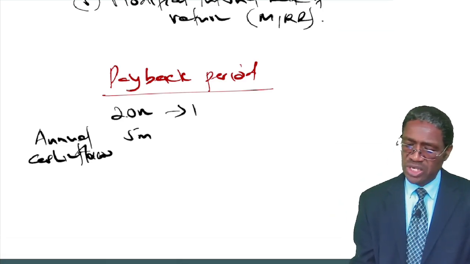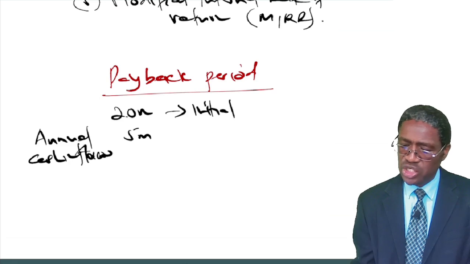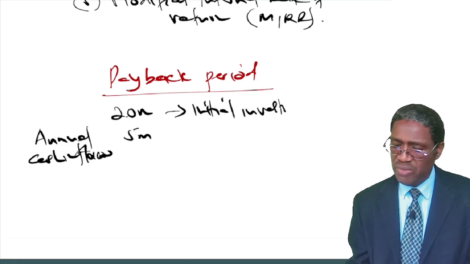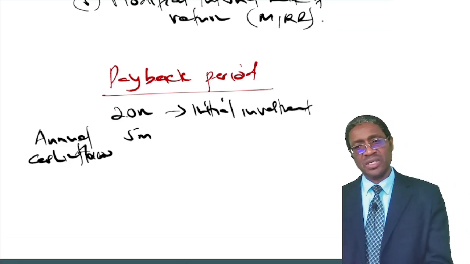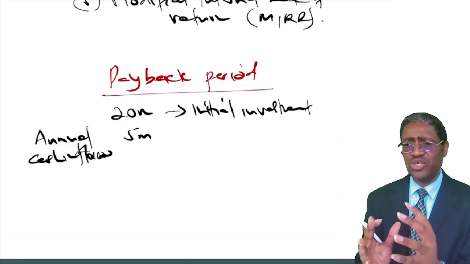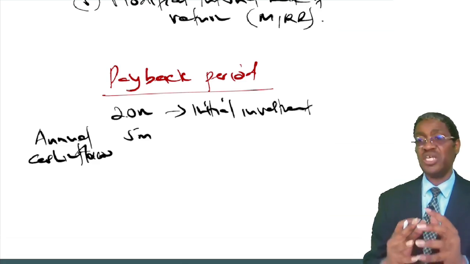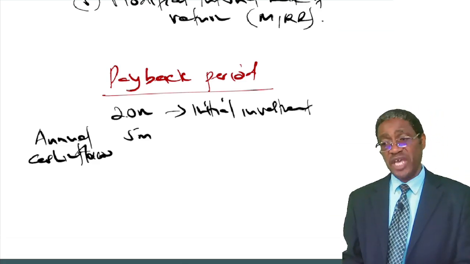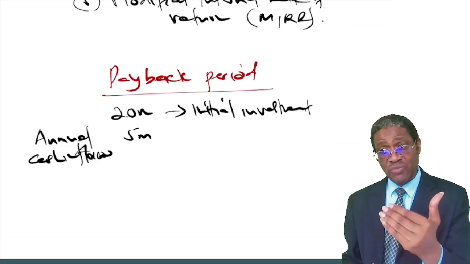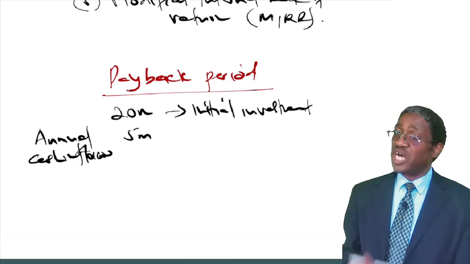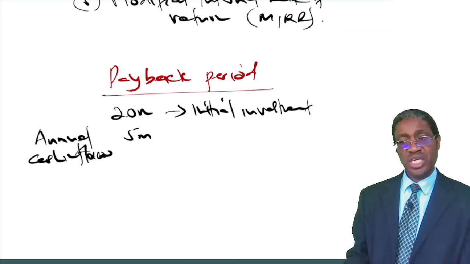This 20 million is what we are calling the initial investment. That number of years it will take you to recover your initial investment is what we are calling the payback period.